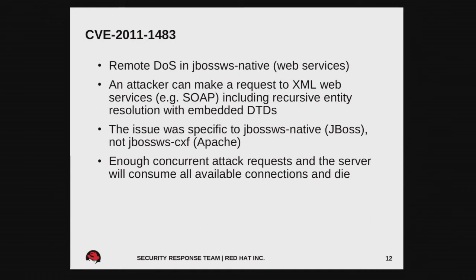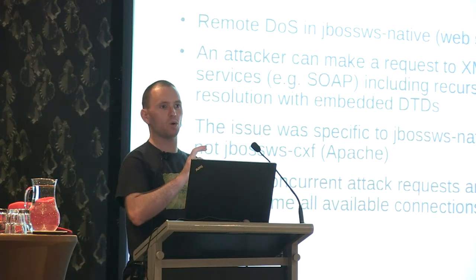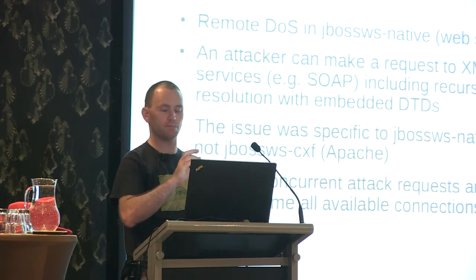The interesting thing about this was, we were originally rating it as a moderate flaw, because we said you can make it consume all this CPU time, but it eventually stops. It eventually returns control, and everything goes back to normal, so it's not a complete denial of service. But we found that the payload packet was actually quite small, I think under a meg.